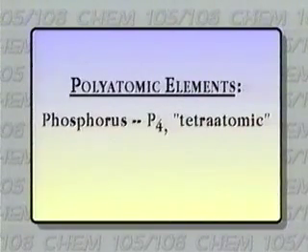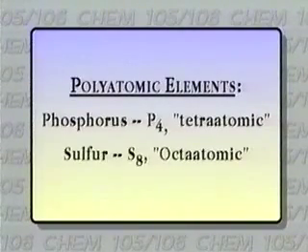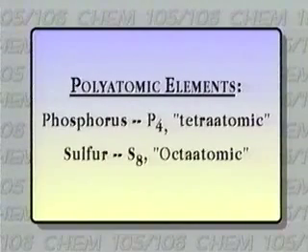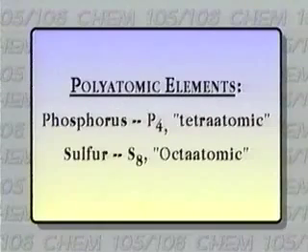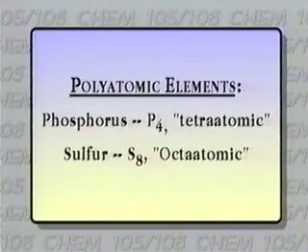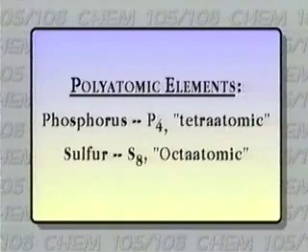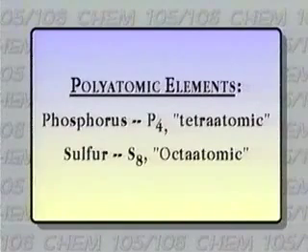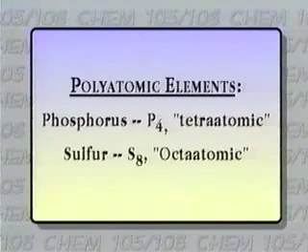And the other one, which is S8, sulfur, and we refer to that as an octaatomic molecule, octa being the prefix for 8. Okay, so those are the 2 polyatomics that we might frequently encounter, P4, phosphorus, and sulfur, which exists as an S8 molecule, both examples of polyatomic.